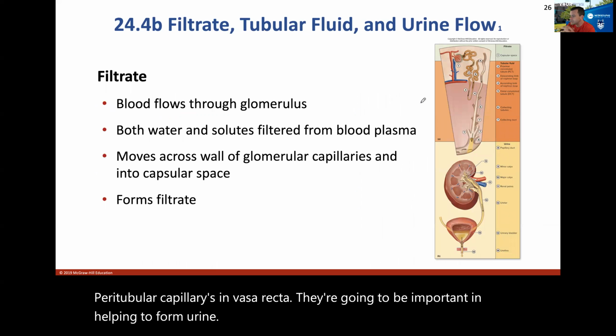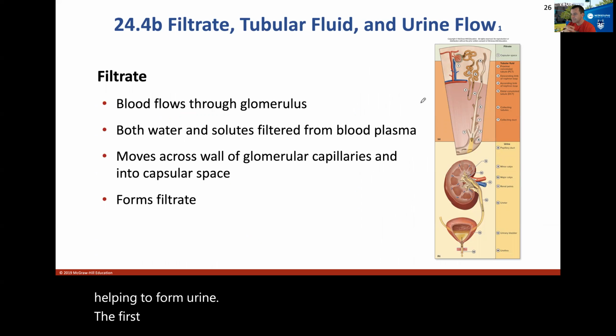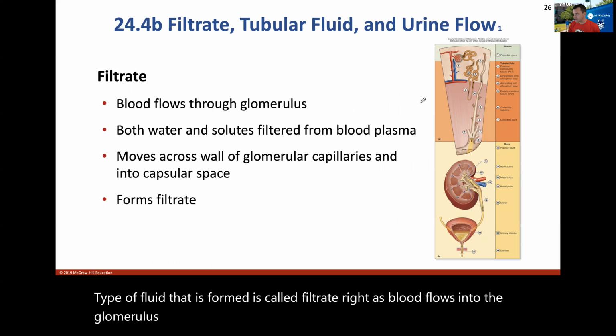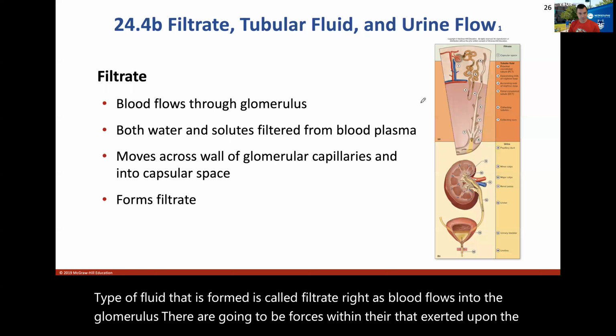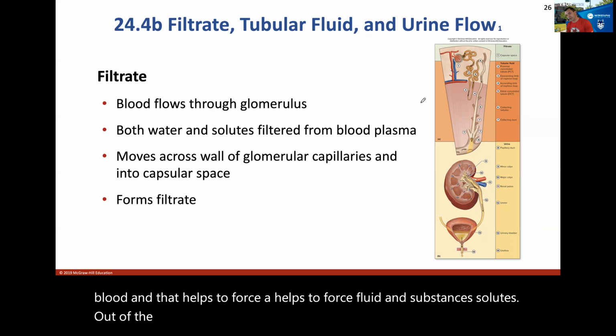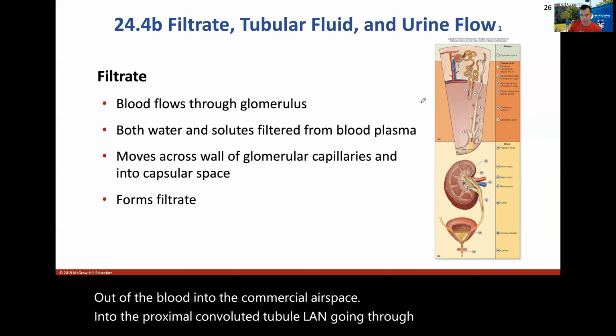The first type of fluid that is formed is called filtrate. All right. As blood flows into the glomerulus, there are going to be forces within there that exert upon the blood, and that helps to force fluid and substances, solutes, out of the blood into the glomerular space, into the proximal convoluted tubule, and going through all the tubular network.